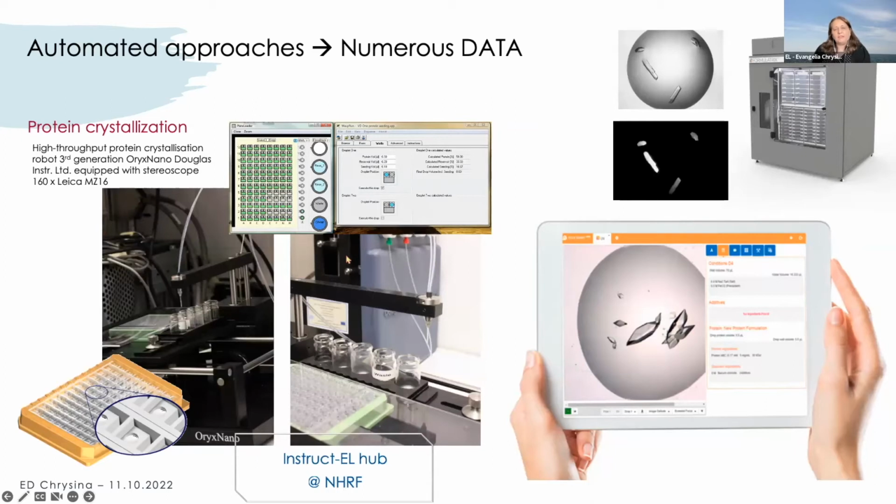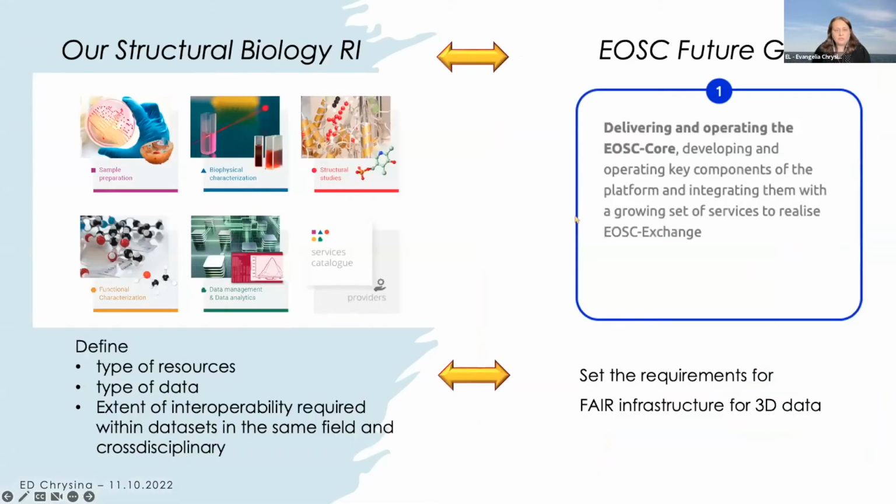In that respect, at every stage, we need to somehow define ourselves first what kind of data we are going to consider as most important regarding the services that we provide to users, the extent of the interoperability that we want our data to have, and how findable we want these data to be to external or even internal users, if we could differentiate.